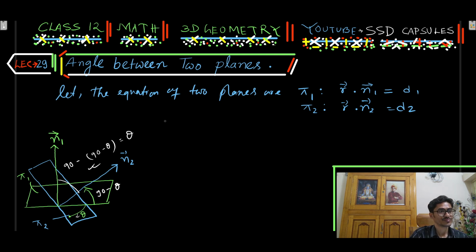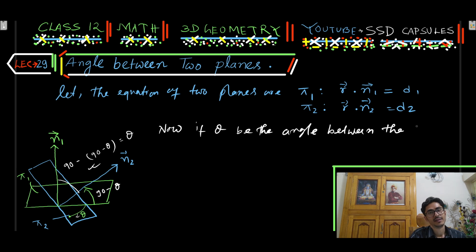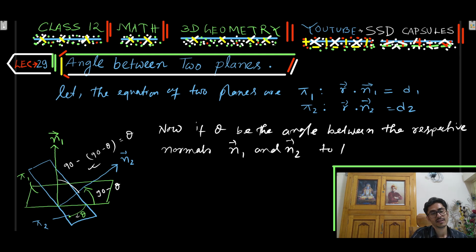So now, if theta be the angle between the respective normals n1 vector and n2 vector to the planes, then cos theta equal to what?